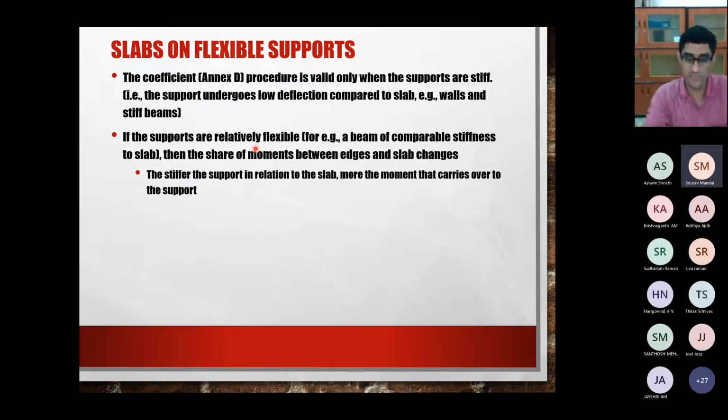A 3-span continuous beam is there, and say in one of the supports, the beam on this side is having 2I, and the beam on the other side is having I as the moment of inertia or the flexural rigidity. Now, which beam is going to take more moment? The beam with flexural rigidity 2EI or the beam with flexural rigidity EI? Which will take more moment?